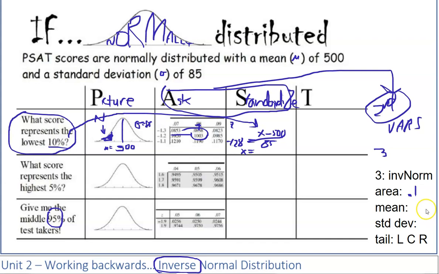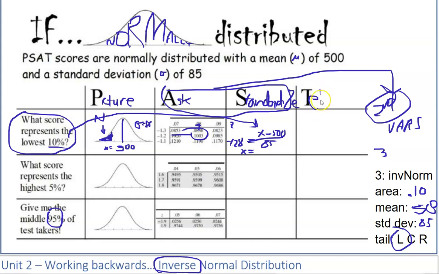Some people might interpret that as 1%. We know that is 0.1. You can think of it as 0, but that's 10%. All right, with a mean of, you guessed it, 500 and a standard deviation of 85. And then I want to know, well, look at the picture. I want to know the left side of this, and voila, we're going to have our answer.